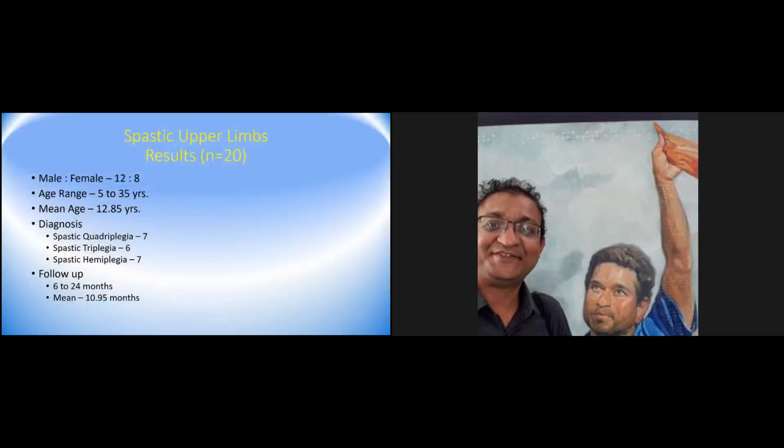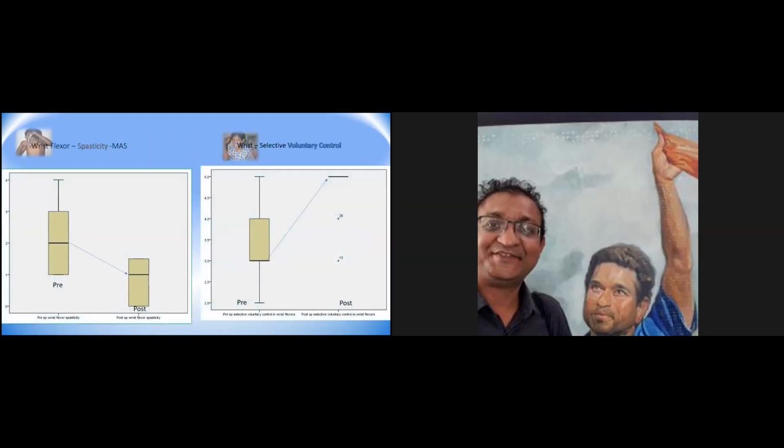This is one of our series, the initial one, where we had these children, and you can see how the spasticity has decreased and how the control has improved. So this is the way you can find post-operatively, if perfectly done, the voluntary control also improves.